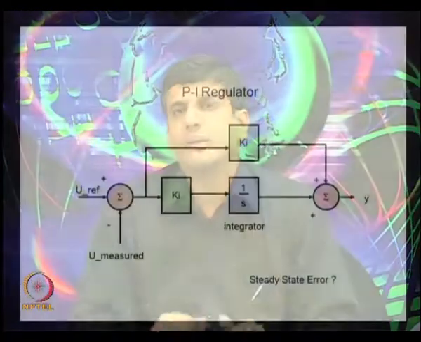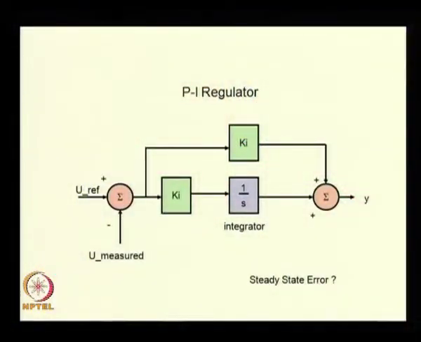The regulator itself will be made out of some of these blocks, but the typical structure of a plain PI regulator, or proportional integrator regulator, has this kind of transfer function or this kind of representation. This is a PI regulator block diagram.